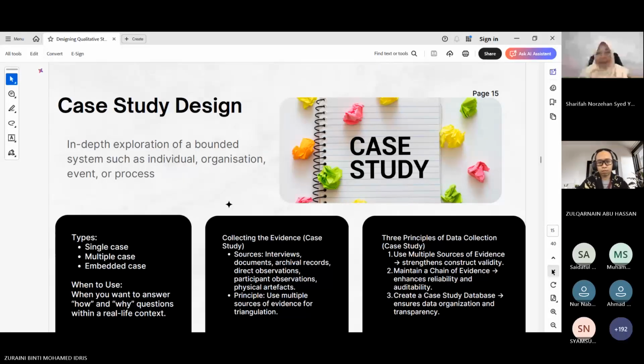I can't remember the name, but Creswell, if I'm not mistaken, has a book on qualitative and quantitative methods. If you need to read on that, why not? That will give you more information about it.